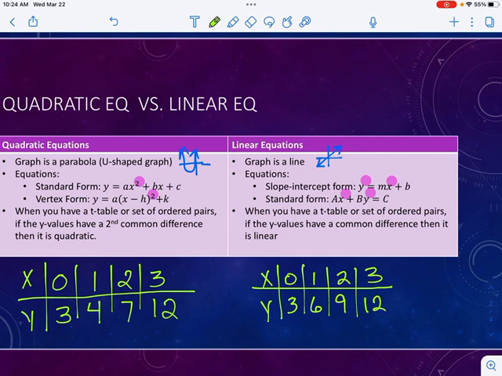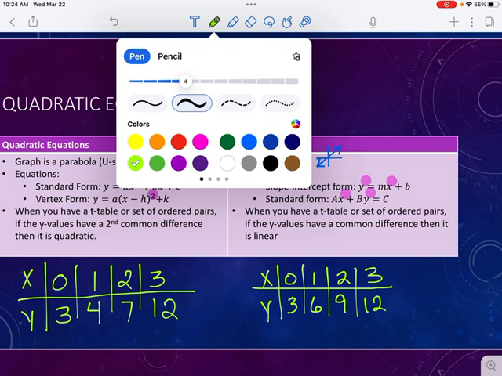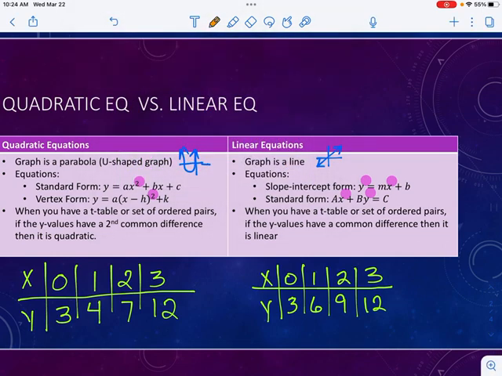Okay, so how we do this process is, remember, what we're doing is subtracting. So I'm going to come over here and I'm going to say, okay, 4 minus 3, well, that's 1. 7 minus 4, that's 3. And 12 minus 7, that's 5.